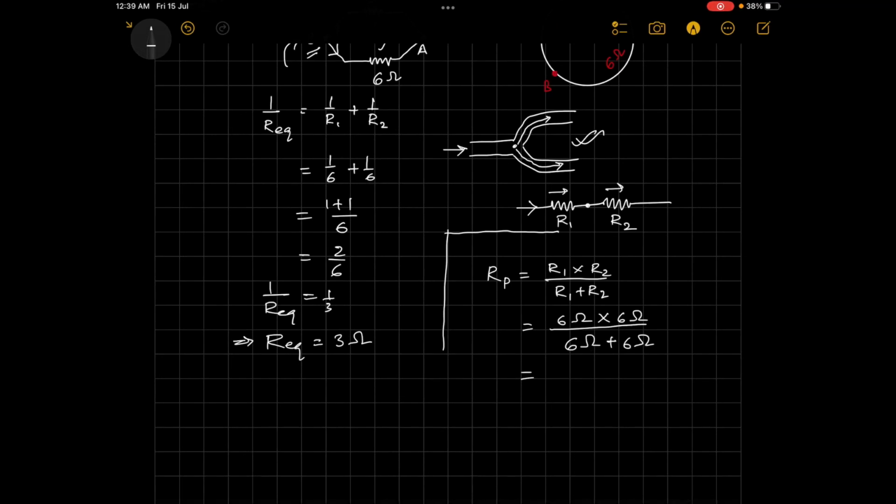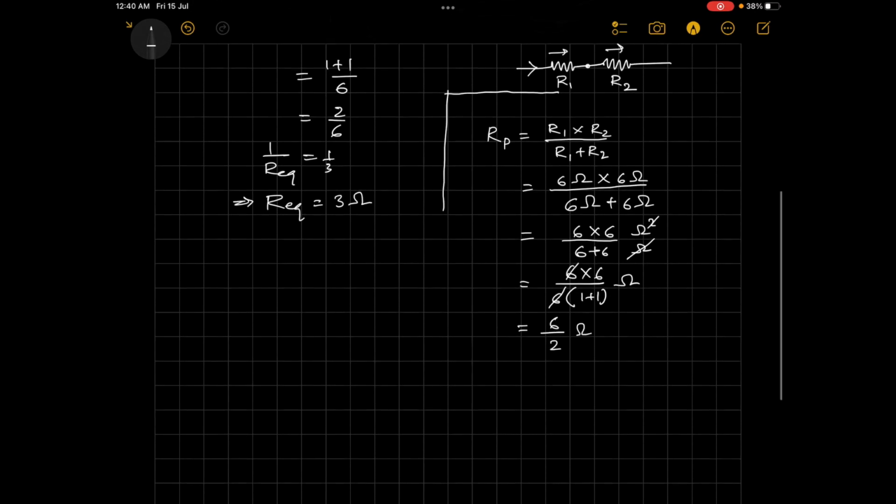So you can simply solve this, or you can just take out a 6 common from here, or whichever way you like. So let me just make this simple. This is 6 times 6, and ohm into ohm will give you ohm square, and here 6 plus 6 is ohm. So 1 ohm will get cancelled with another ohm, and you'll be left with only one single ohm. If you take a 6 common, you'll get 1 plus 1, 2, and here you get 6 into 6, you cut one 6 with the other 6, so you'll get 6 by 2 ohm, which is equal to 3 ohm.